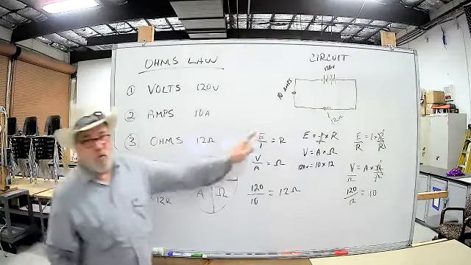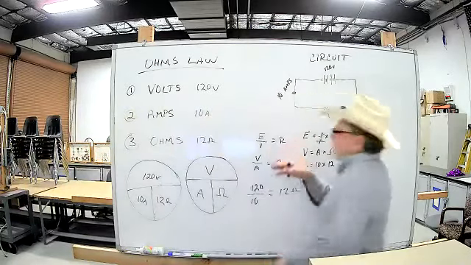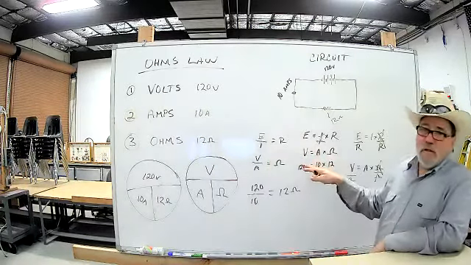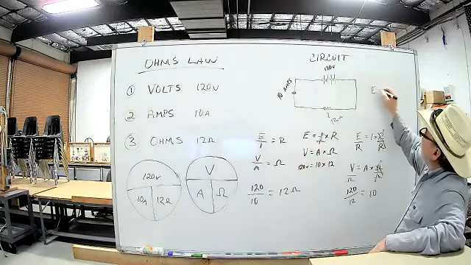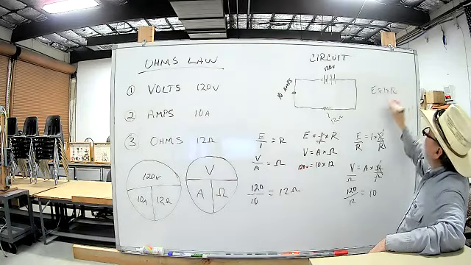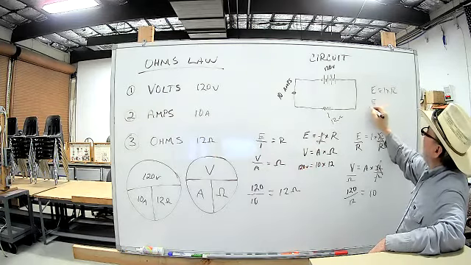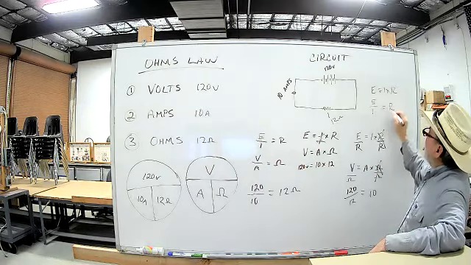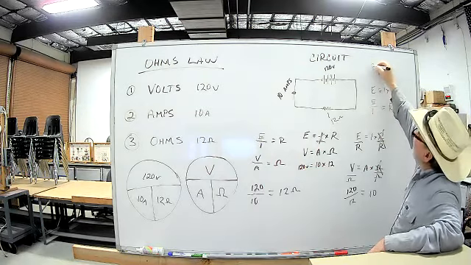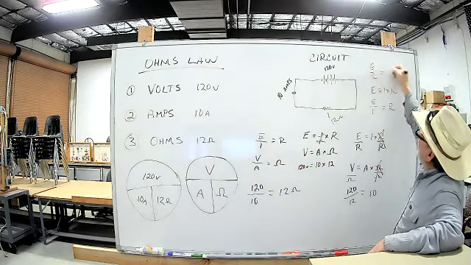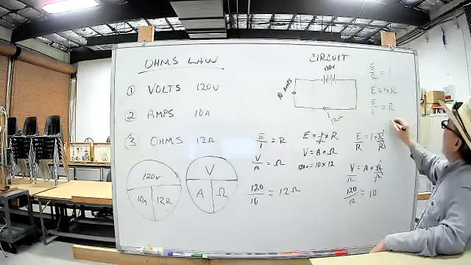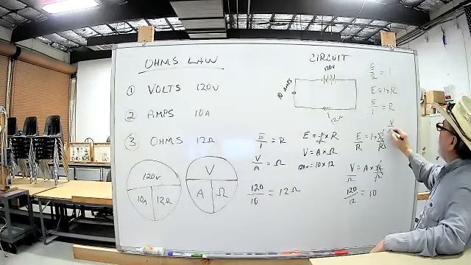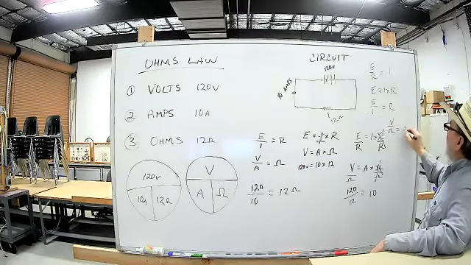You don't really have to do all this stuff over here with these equations or memorizing. You don't have to memorize E equals I times R. You don't have to memorize E over I equals R. You don't have to memorize E over R equals I. You don't have to memorize voltage over ohms equals amps.